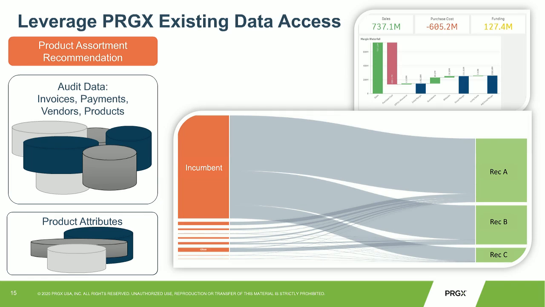So a really great win-win. And as you can see from the picture, and this is oftentimes the case, we can reduce the number of vendors for our customers. We can reduce the number of SKUs and also provide the savings and the margin lift at the same time.